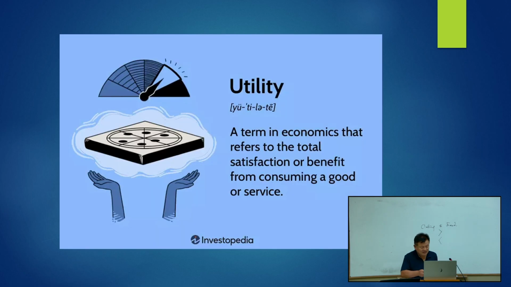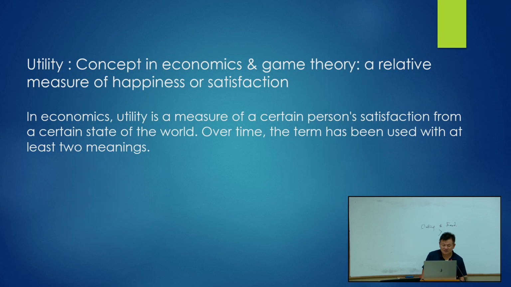So finally I give some utility definitions. Utility is a term in economics that refers to the total satisfaction or benefit from consuming a good or service. This is utility. Utility is a concept in economics and game theory. Game theory is a very difficult area, almost PhD level. Last week I explained that a little bit.